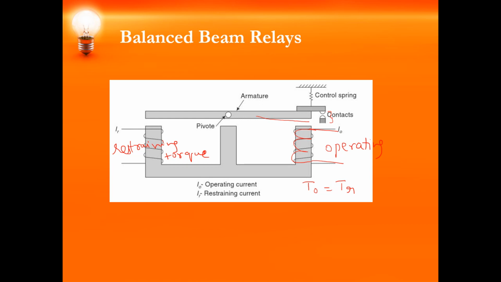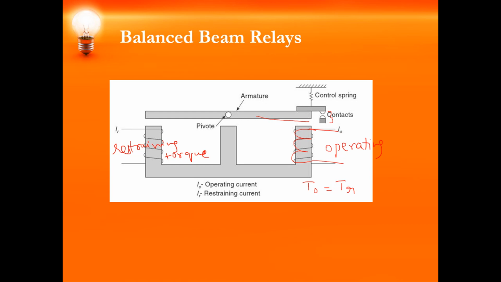This is how a balanced beam relay operates. This is actually fast in operation. Usually it requires less than one cycle, but it doesn't give accurate results as it is affected by the DC transients. So this type of balanced beam relay is rarely used.